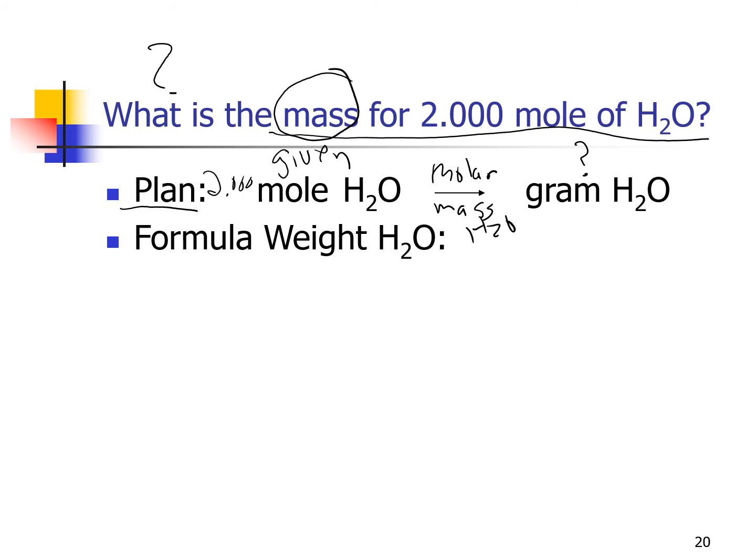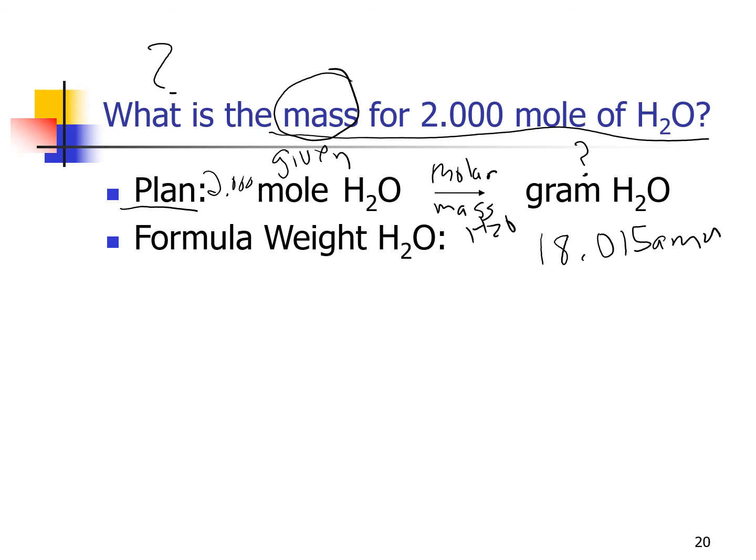of water. Now previously we did an example to calculate the formula weight of water using our periodic table where we added 2 hydrogens to 1 oxygen, and we came up with a formula weight of 18.015 AMUs. And again, that's the mass of 1 molecule of water.